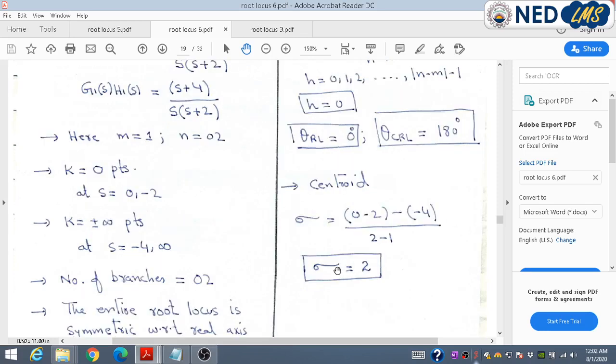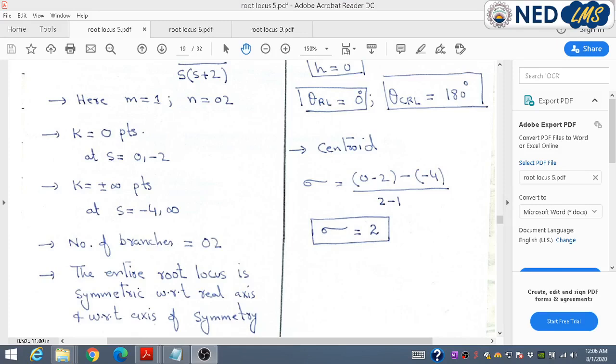When we have two angles of asymptote, then the centroid information is not very useful for us, and we can say that it is redundant information. If there are 4, 6 or 8 angles of asymptote, then this centroid information is important, because it is the point from where we have to plot all these angles, and it's the point where all the asymptotes will intersect each other.